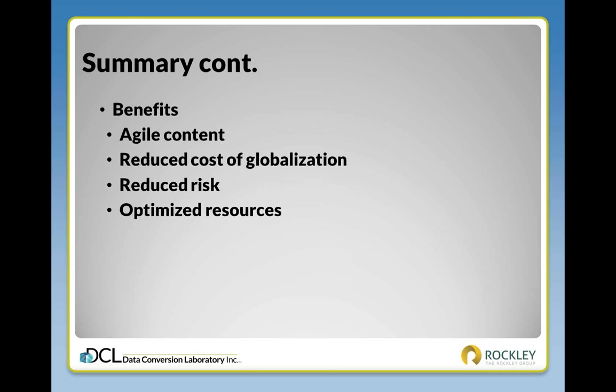We can ensure and receive the benefits that our content is more agile. We can iterate it much more quickly. We can ensure that it's correct. We can reduce the costs of globalization. We can reduce risk. We can optimize our resources.